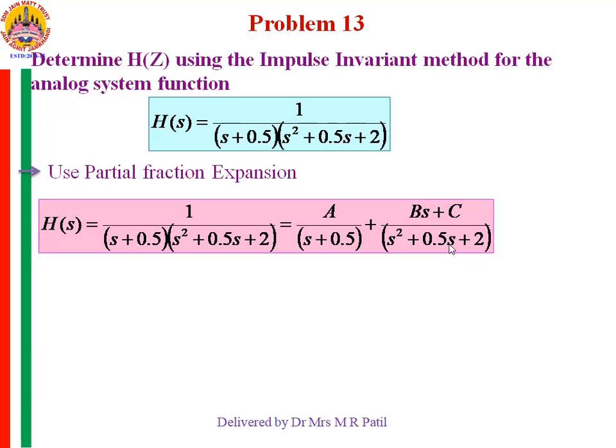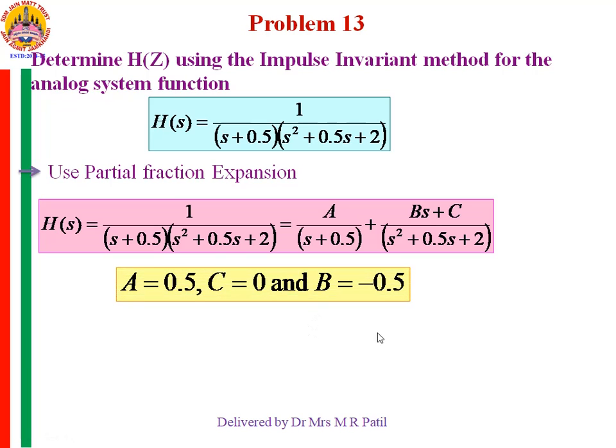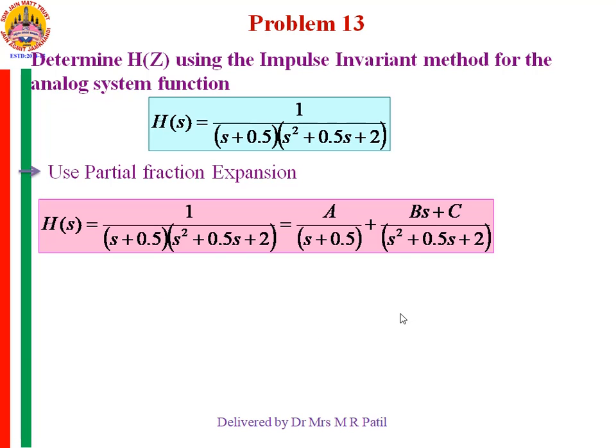Now for this quadratic, you have to find the partial fraction coefficients like this. I hope you have done it in mathematics and you will be able to find A, B and C values. You know to partial fractionize this and obtain these coefficients.